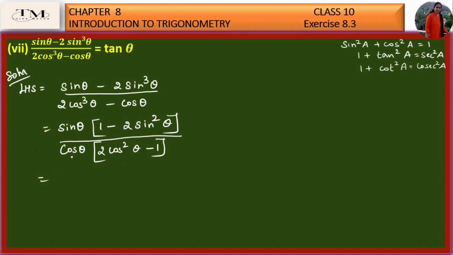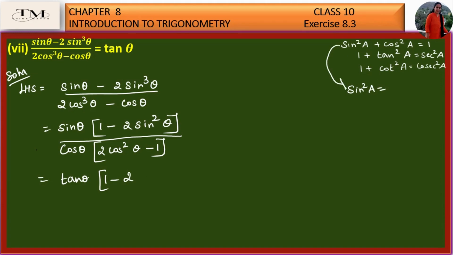So what is sin theta by cos theta? It is tan theta. Remaining we have this term. So we can convert one of the sin square to cos square. What is sin square A?